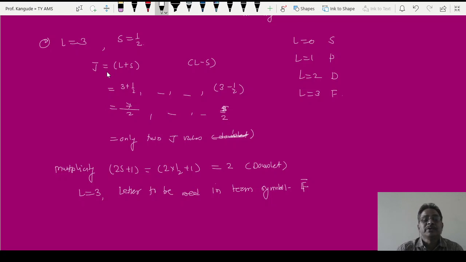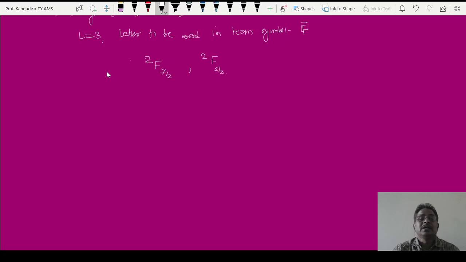And therefore I get the states: this is a doublet, this is the F state, one value is 7 by 2, and the second is doublet F 5 by 2. So the two quantum states here are doublet F 7 by 2 and doublet F 5 by 2.